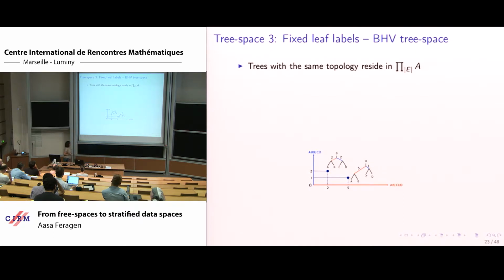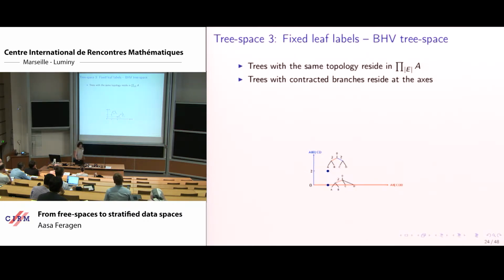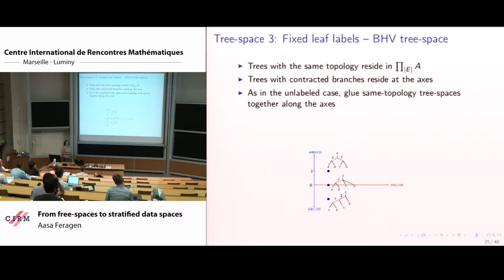Now, in this case, again, you will have trees with the same topology residing in a simple space, parameterized by the edges in that particular tree. And you can think of them as living within an orthant like this, whereas changing the edge lengths moves you around. And again, if you contract an edge to 0, it brings you down to an axis. And you have a slightly different contracted topology. And again, this allows you to glue different topologies together along these edges.